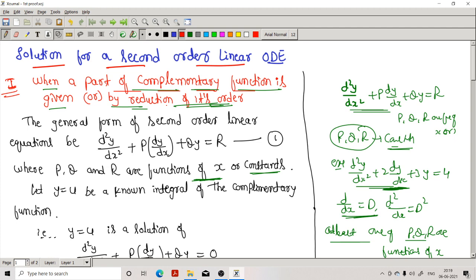In later stages, I will add a few more methods, or solve some problems on this method, and later move on to another. There are 3 to 4 methods to solve a second order linear differential equation.